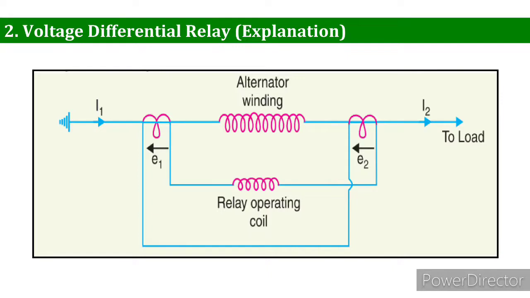Just focus on the two conditions: if both currents I1 and I2 are balanced, and the second one, if they are unbalanced. We can also say it is not necessary that if a very low amount of current unbalance occurs, the relay will trip.